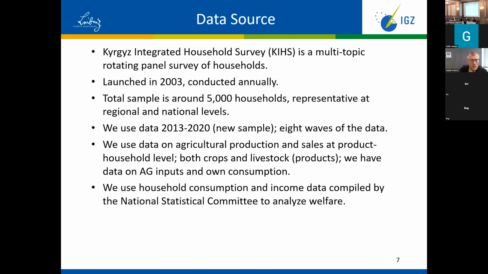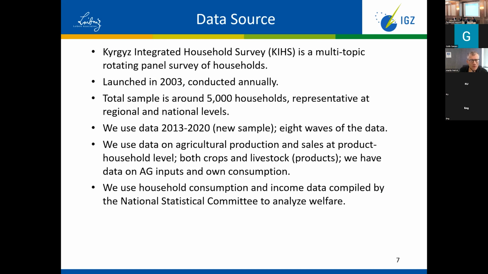And this work was done by my colleague Golib heroically over several months, cleaning this data, understanding its structure and making sure that what remains to work with makes sense. So we use production and sales at household product level, both crops and livestock products, and we have data on agricultural inputs and own consumption, meaning producing and consuming the same product.